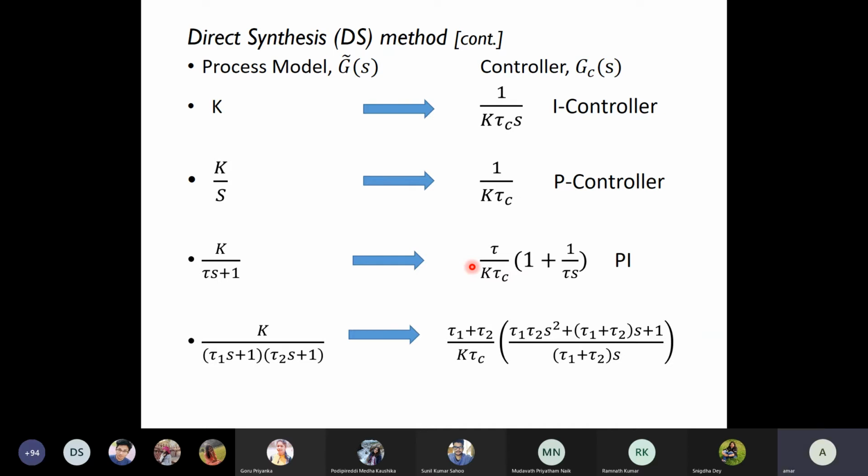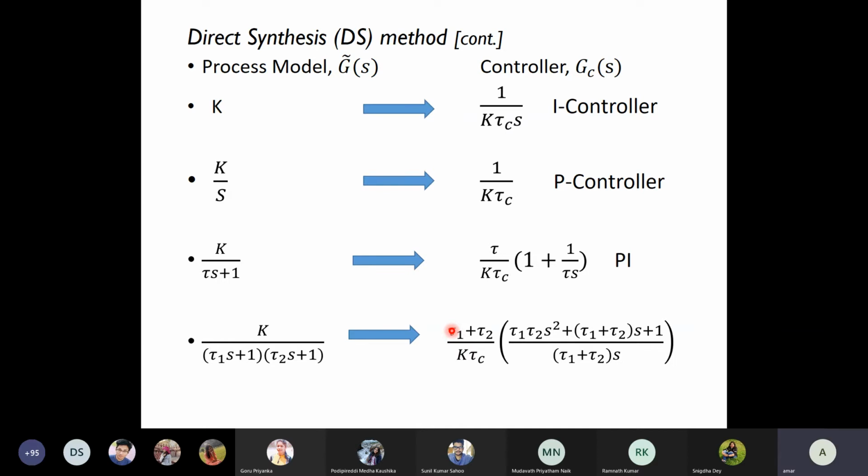So I can decide the speed of response of the feedback control system, and knowing the process model, I can have a PI controller or a PID controller. You can see from the process model that for a first order process, we do not require a PID controller, whereas for a second order process, we require a PID controller.